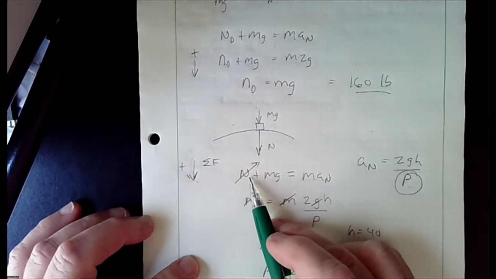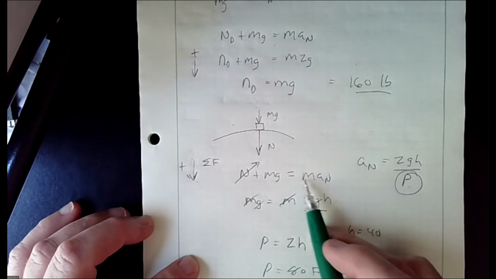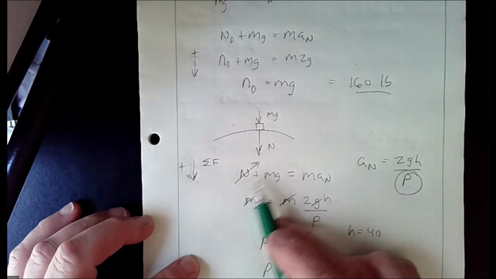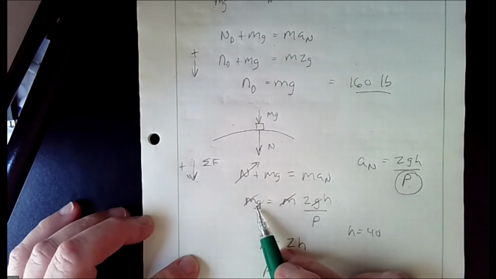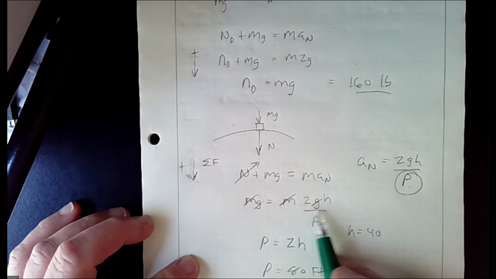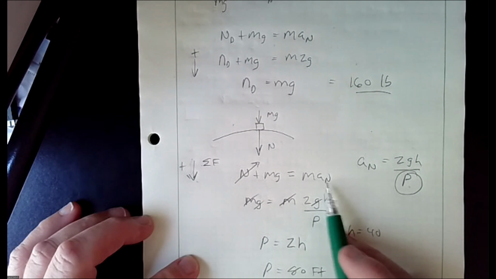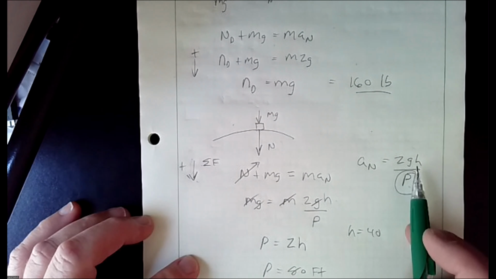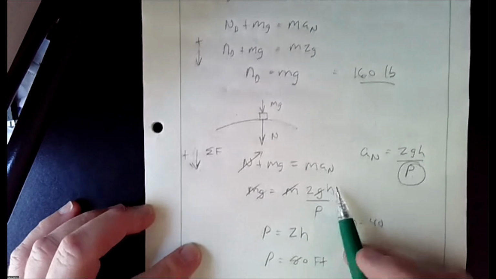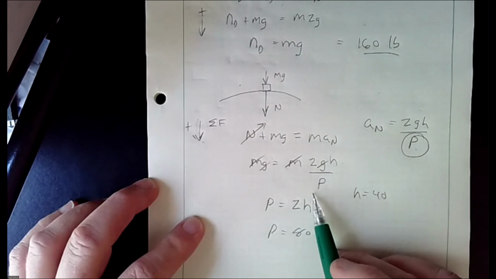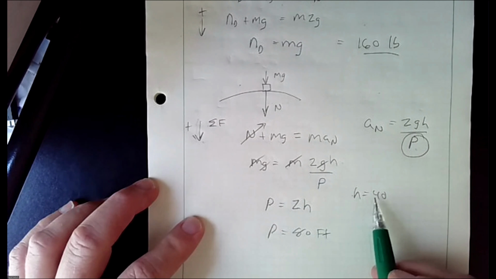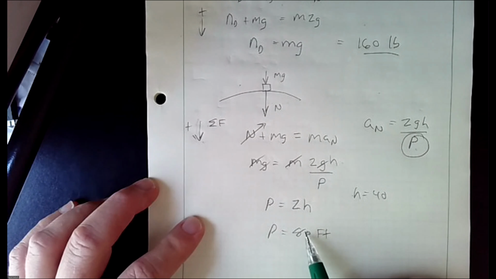N plus mg equals ma_n, which is just our normal equation. N is 0, so we have mg equals m times a_n. And we know that a_n is v squared over rho, which is 2gh over rho. So we cancel, move it over to the other side, and we have 2h. Since we know h is 40, we know rho is 80.